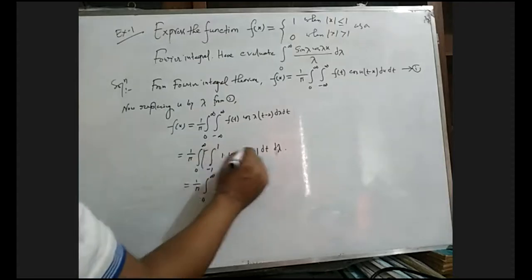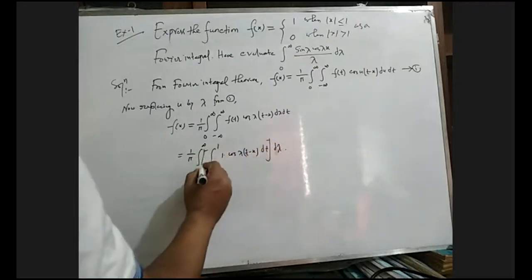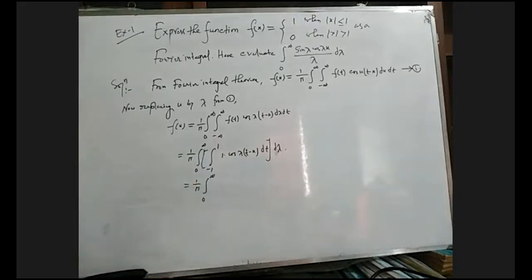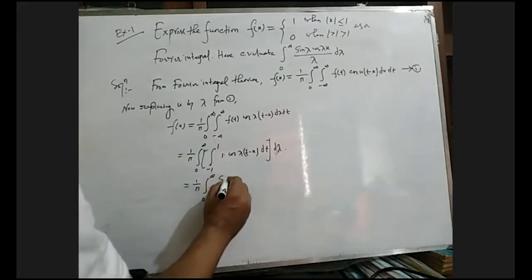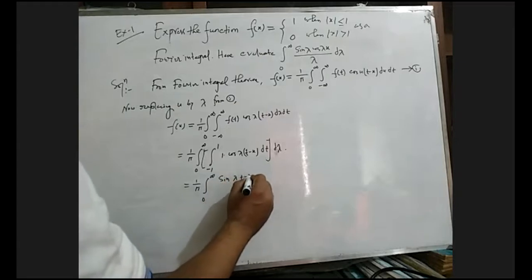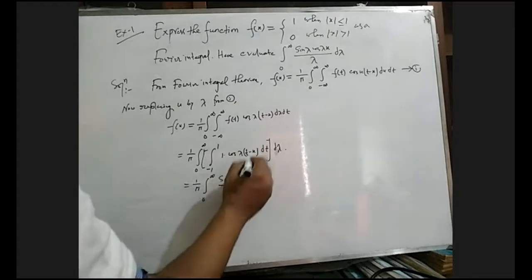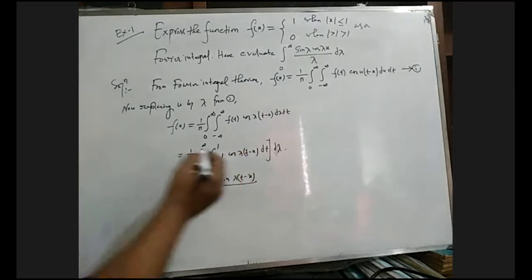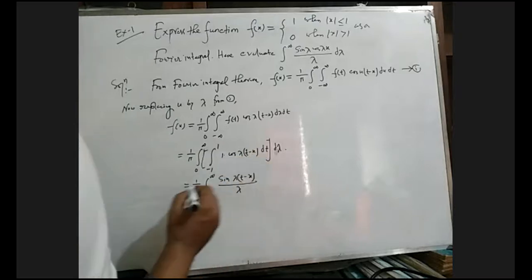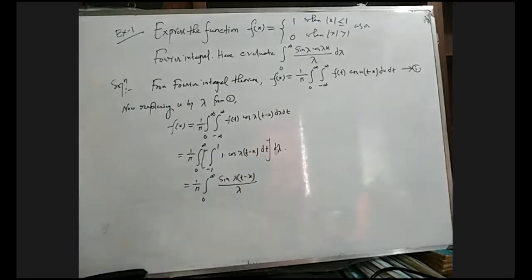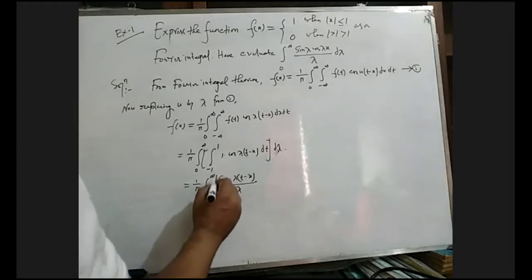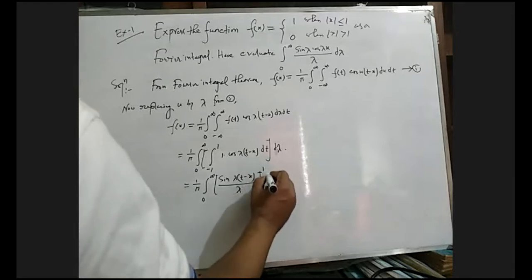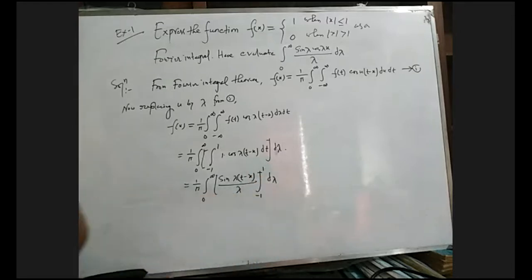Integrating cos gives sine, divided by the coefficient of t, which is lambda. The upper limit and lower limit will be minus 1 to plus 1.